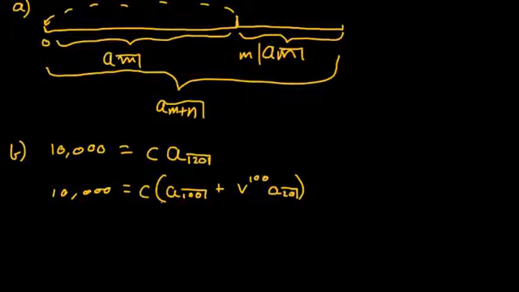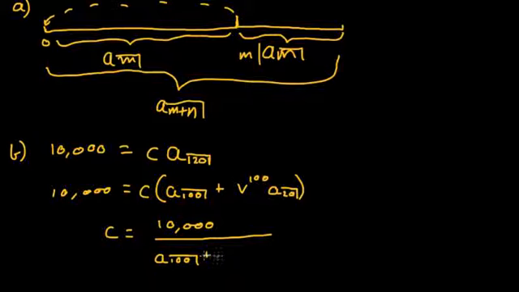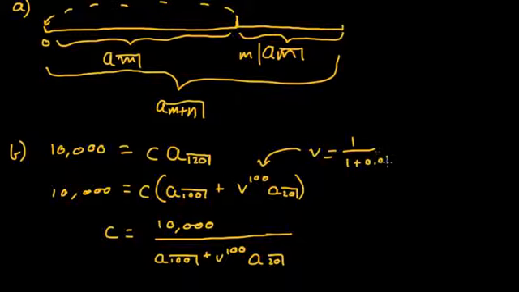And so then what we have is that C is going to equal, of course, 10,000 divided by A of 100, plus discounting 100 periods, A of 20. Okay, and this is where, over here, V is going to equal 1 over 1 plus i, which is 0.01.